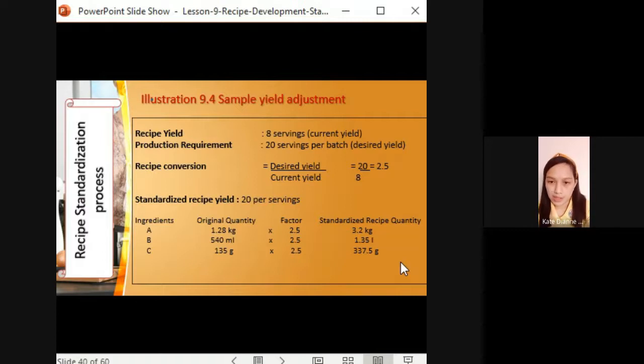So the standardized recipe quantity for the ingredient C is 337.5 grams. So did you get it, class? Nakuha ba kung paano i-compute ang recipe conversion factor and the standardized recipe quantity? Any questions?